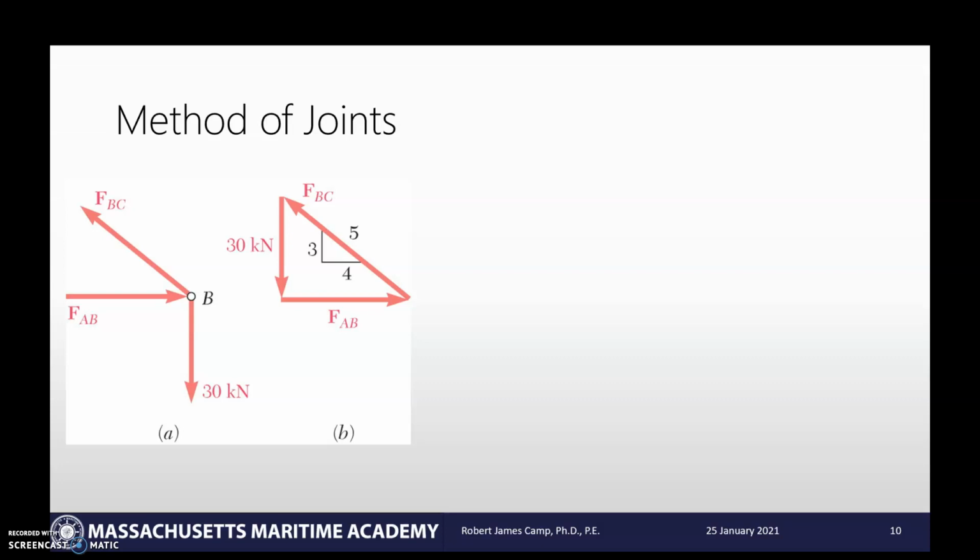The nice thing about what we've got right here is that we've got three forces. We can put this together as a triangle, just as shown here, looking at those three forces. And what's nice about that is we can use the law of sines. When we have a triangle and we use the law of sines, how does that work? Well, it would be the force AB divided by its length, and its length would be 4. So the magnitude over its length, we would have the force BC over its length, which is 5, that's our hypotenuse here.